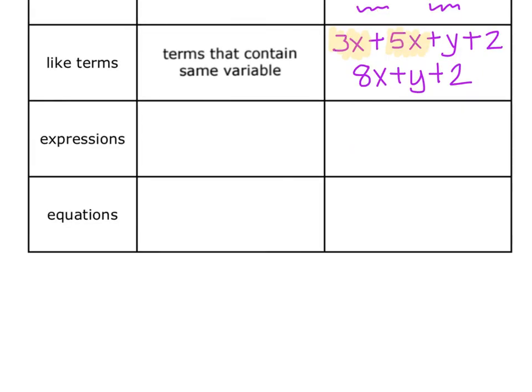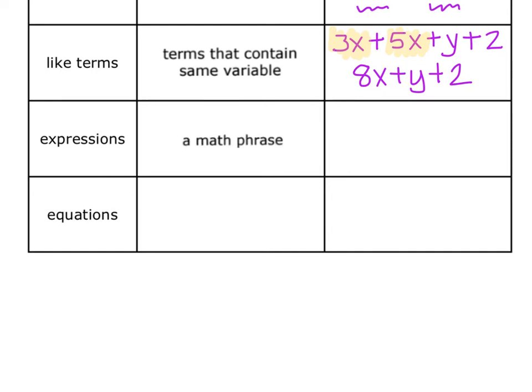So now we're getting to the point where you're going to define expressions and equations, and these two kind of go together. They're very similar. There's a little bit of difference between the two of them. You've heard me use this before as we worked our way down, and one of the things you might notice is that it is called a math phrase.